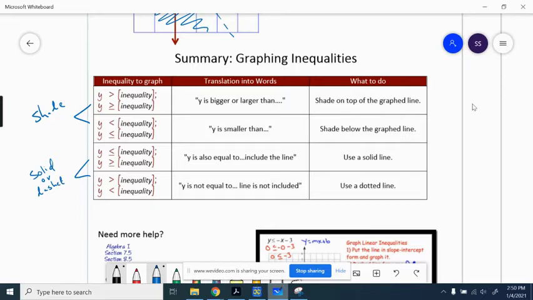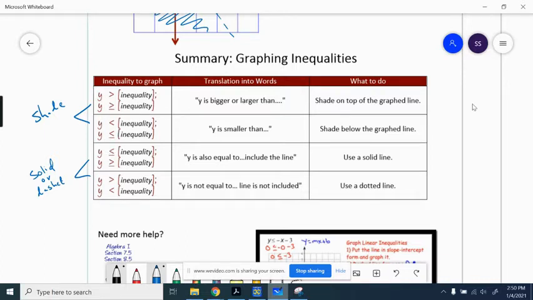Okay, so the first one here we have y is greater than or equal to, and so our translation is saying y is bigger than the inequality statement on the right. And so if you have these two symbols, you're going to shade above. If y is smaller than that, if we have these two symbols, less than or equal to, then we're going to shade below. Okay, it's as easy as that.